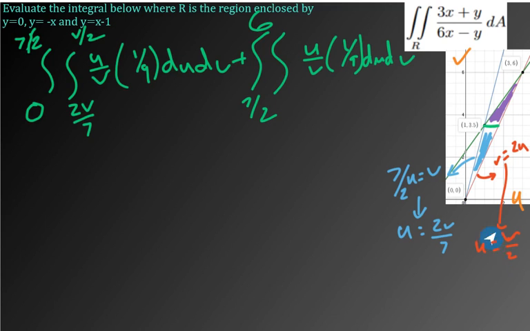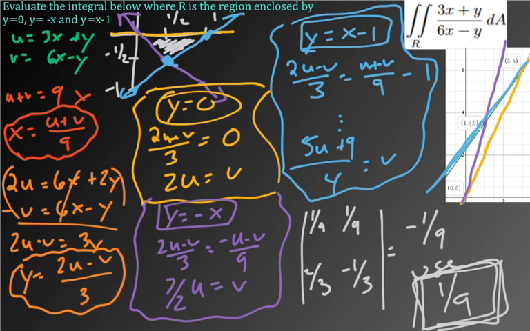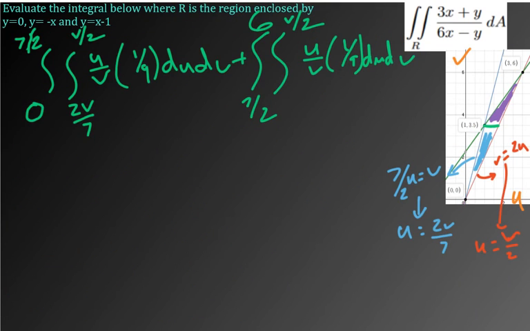We already have u equals v over 2, which we can put up here still. But we would also have to write this one in terms of u equals instead of v equals. If you do that, you would multiply by 4, minus 9, then divide by 5. And so the lower bound here would be 4v minus 9 over 5.